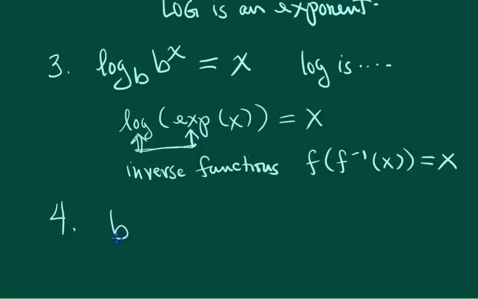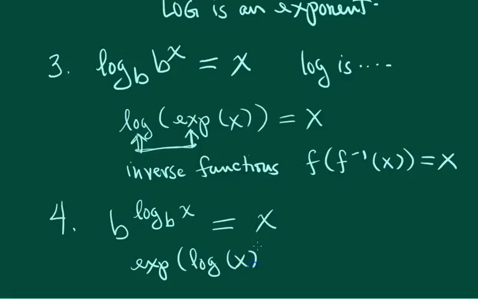So, specifically, this exponential function b raised to the power log b of x, these collapse together and squeeze out the x. So this is taking the exponential of a log function of x, like so. And this is because these are inverse functions.